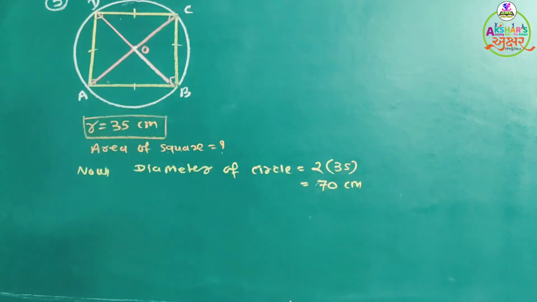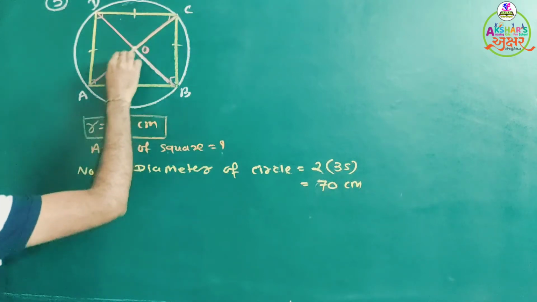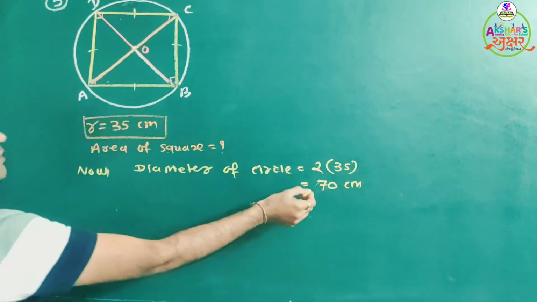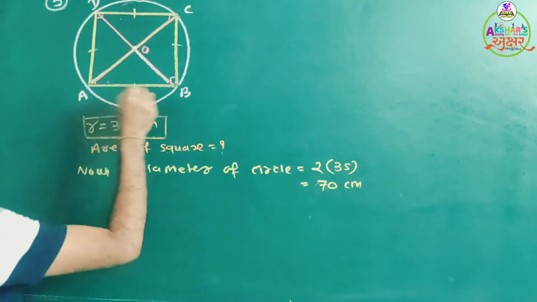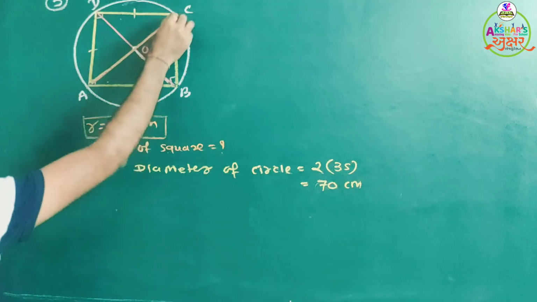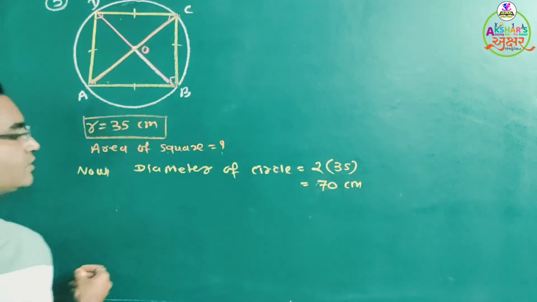Done. So diameter of circle is 70 centimeter. That diameter is nothing but the diagonal of square. Diagram में देखो, diameter is nothing but the diagonal of this square, one of the diagonals of this square.